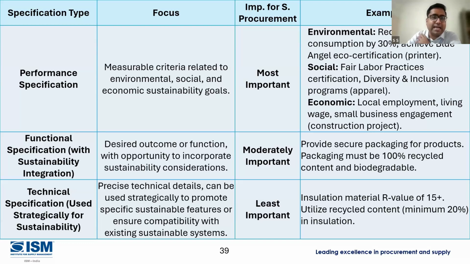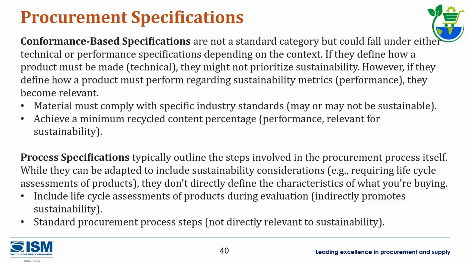So I'm going to the next slide. This talk about conformance-based specification and process specification. It does not generally fall under technical or performance. It basically talks about how a product is made and does not necessarily talk about sustainability.